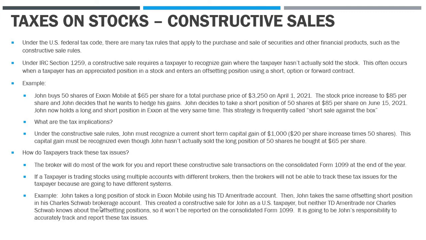So if you're using multiple accounts, that's what I would recommend doing, just to make sure you get everything as accurately as possible. If you only have one account with one broker, you could probably get away with just using whatever they have on their consolidated 1099 at the end of the year, and that should be appropriate.